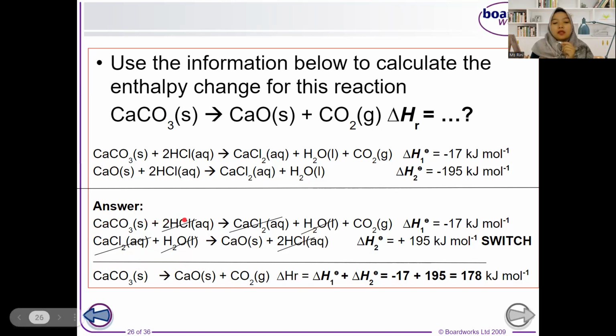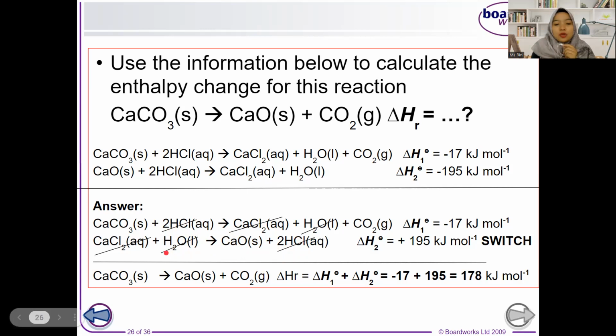For example, here we have HCl in the reactant. It should be in a different part. We have HCl in the product, so we can simplify it. So let's just cancel it out. So no more HCl here because we have the same substance before and after the reaction.